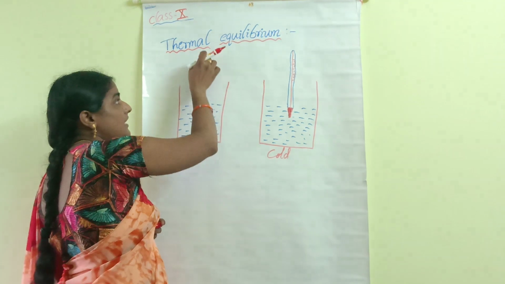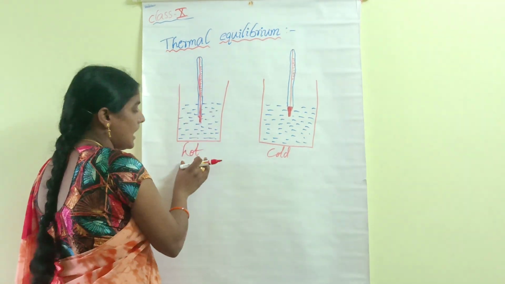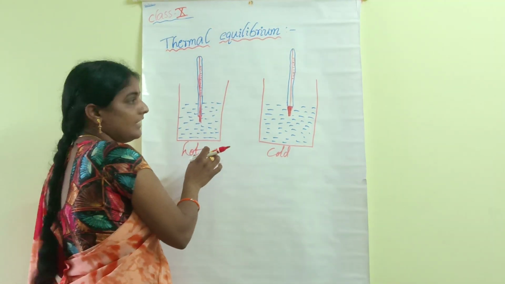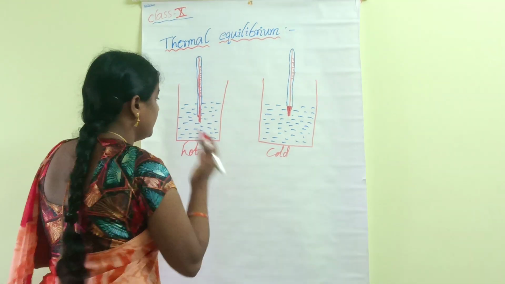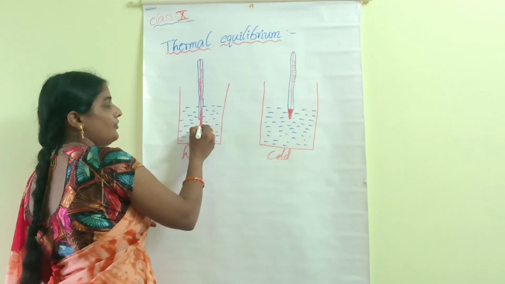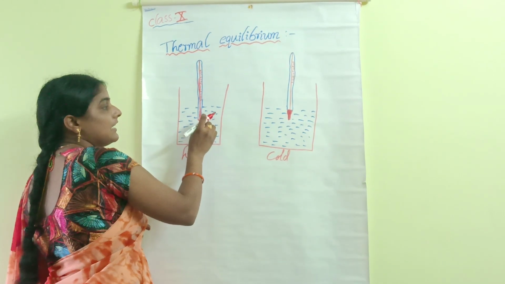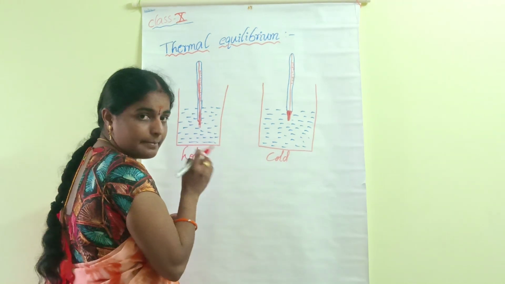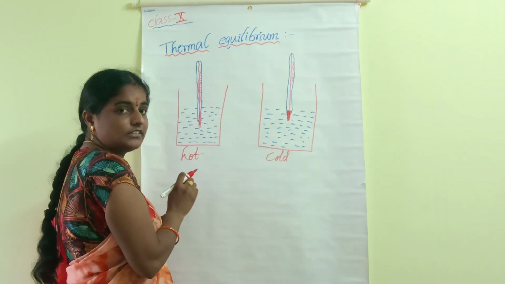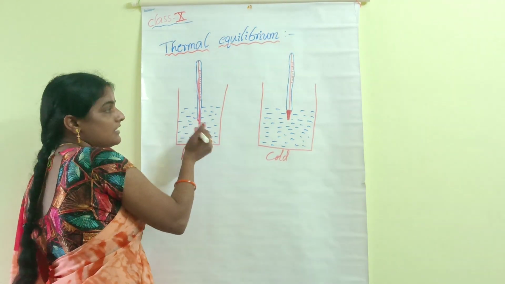Now keep that thermometer in hot water and what will happen? Obviously, you can say that the mercury present in the glass bulb will rise up. Why is it rising? What is the concept happening here?